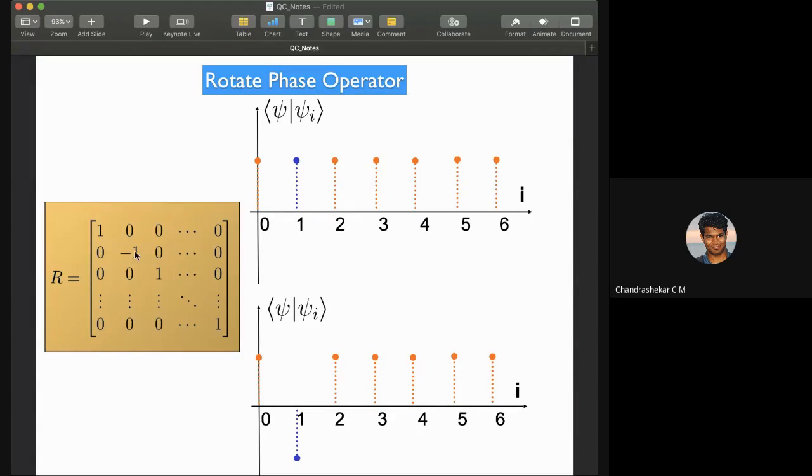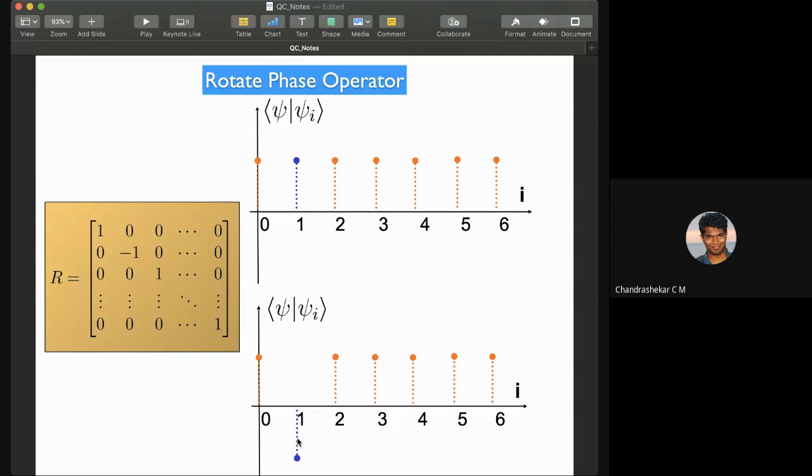This operator is corresponding to position 0, and this is corresponding to position 1. This is corresponding to position 2. So for all the other states, I'm not worried. My interest is to only identify the phone number, the position where there is this phone number, right? So all that I'm going to do is this -1 phase, which flips the state into this.